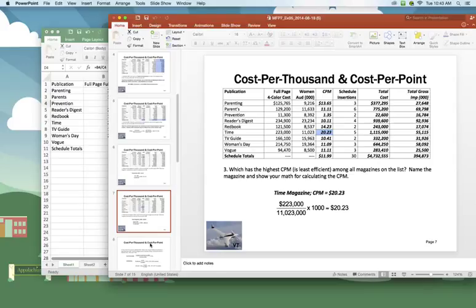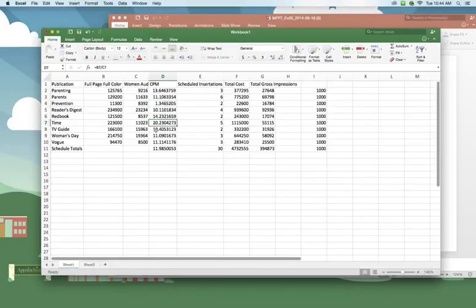The next one asks which has the highest, so least efficient, CPM. And we know Time Magazine. We know that it costs a lot. It actually has more than Prevention. But if you look at, let's say, Parents Magazine, or actually Women's Day here, it has a much larger audience and costs significantly less at 11.09.